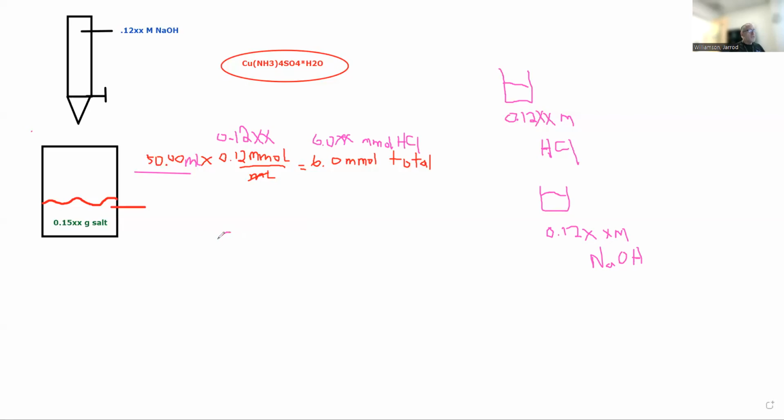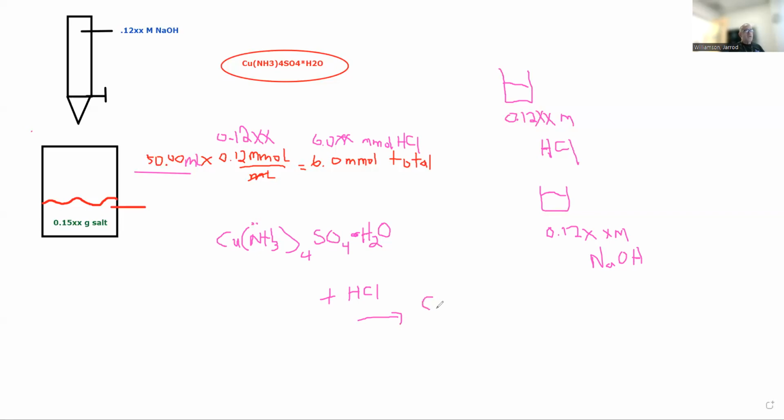So let me kind of draw this. Cu(NH3)4SO4·H2O plus HCl, right? It's going to react. The H+ is going to react with the lone pair of electrons on the nitrogen.